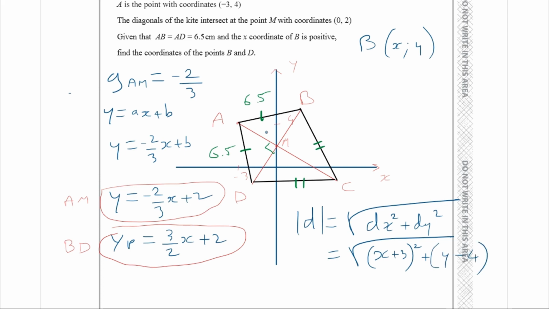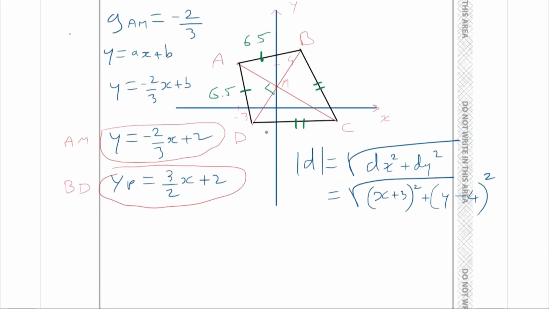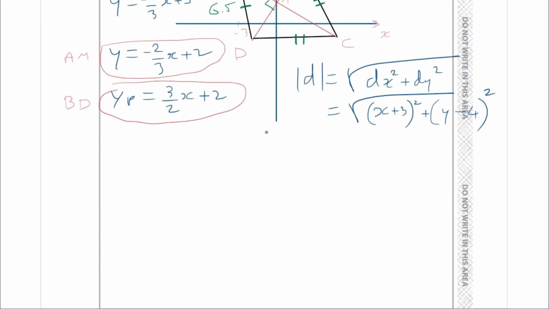So we're left with this, and that's squared as well. So the distance d is equal to 6.5. So we can say that this distance here is 6.5.